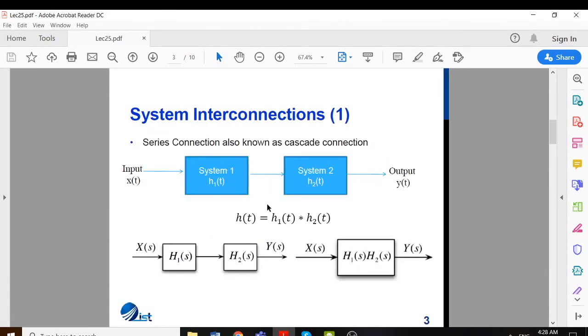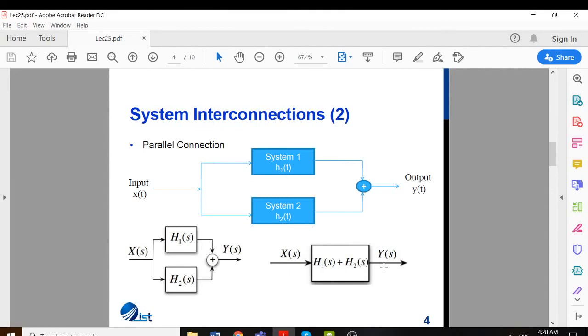So we discussed that for such a case, although the time domain representation was h1 convolved with h2 of t, if we draw such a system through a Laplace transformation, it becomes one system where the transfer function h of s can be broken down into a product of two transfer functions, h1 of s and h2 of s.